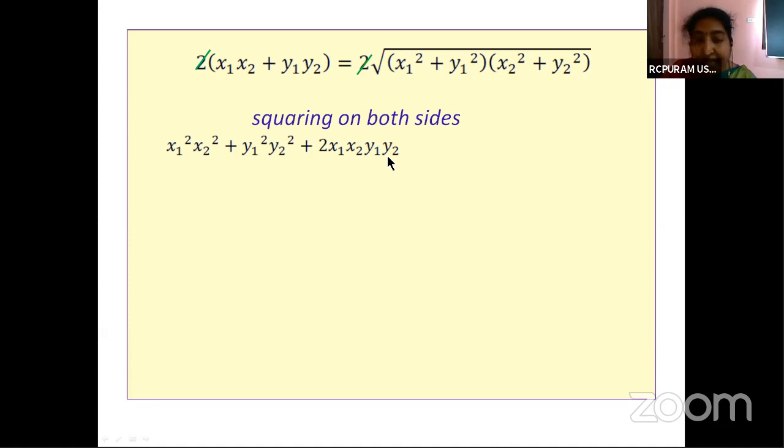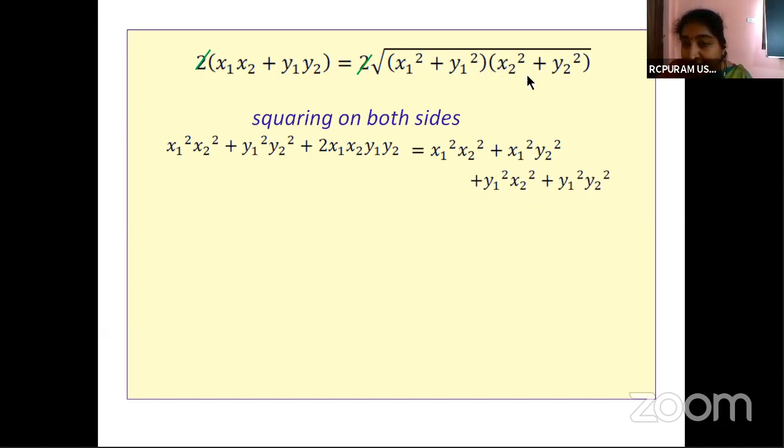Okay, this is equal to, anyhow root is getting cancelled, so we will expand this: x1 square into x2 square plus x1 square into y2 square plus y1 square into x2 square, y1 square into this term, so y1 square into y2 square.